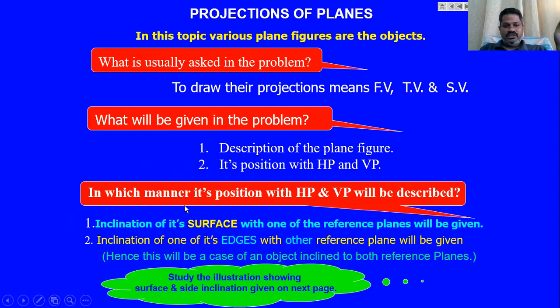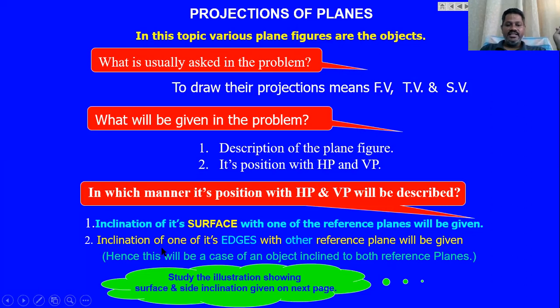Then in which manner the plane is located, that means whether the plane is making some angle with the reference plane. That is the inclination of the surface. In this case, you consider it as a surface for now. So the inclination of the surface with respect to the reference planes will also be given in the problem.